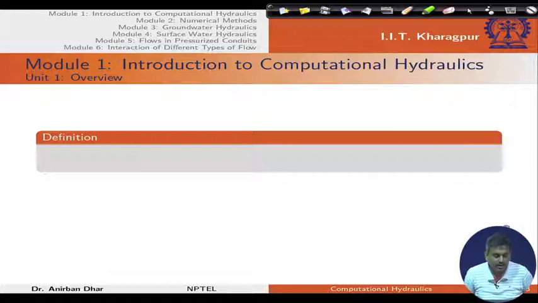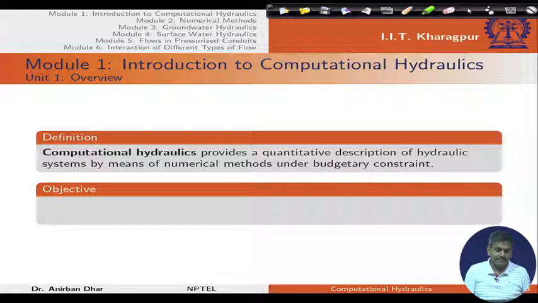So, in module 1, which was introduction to computational hydraulics, we started with the overview unit and we defined computational hydraulics. So, what is computational hydraulics? Computational hydraulics provides a quantitative description of hydraulic systems by means of numerical methods and under budgetary constraints.